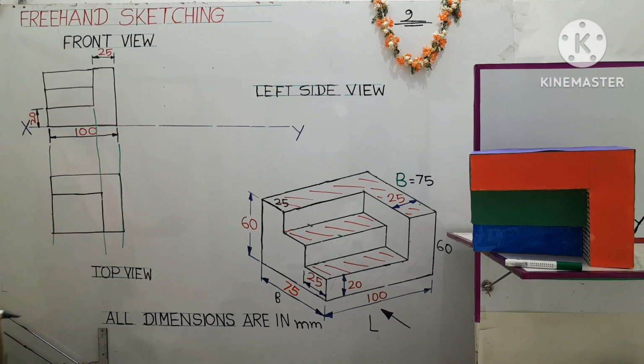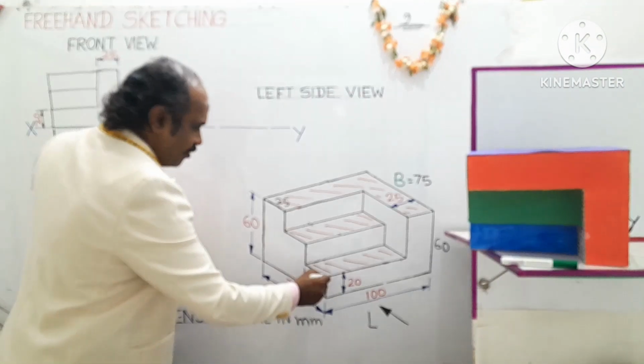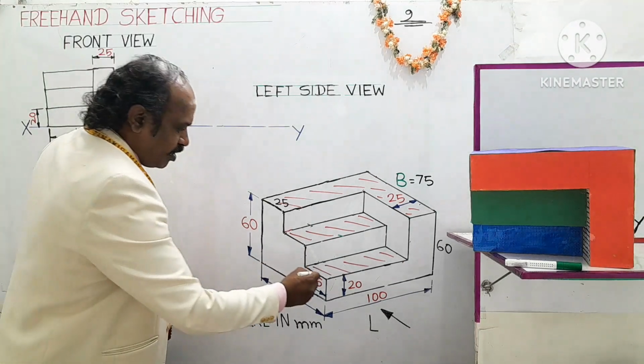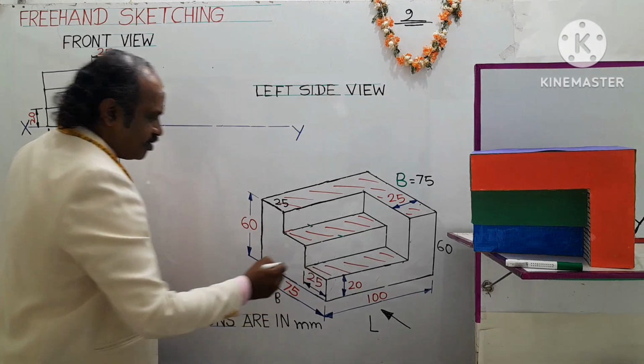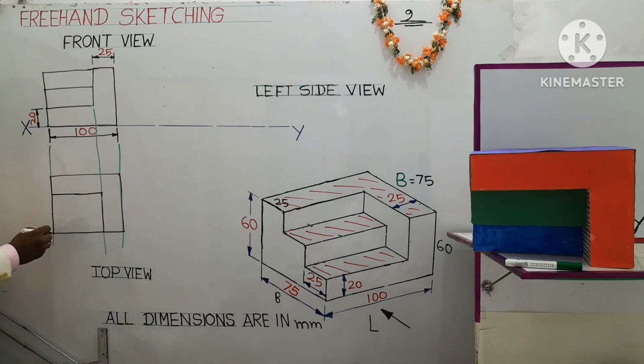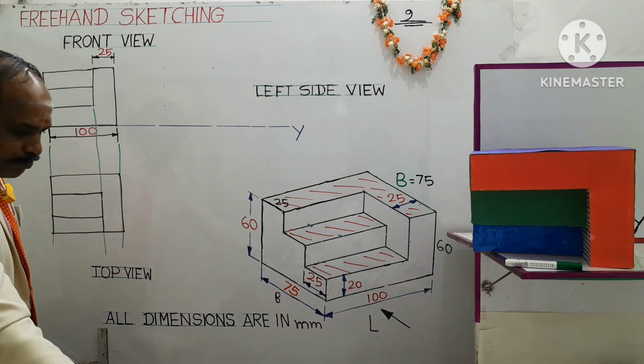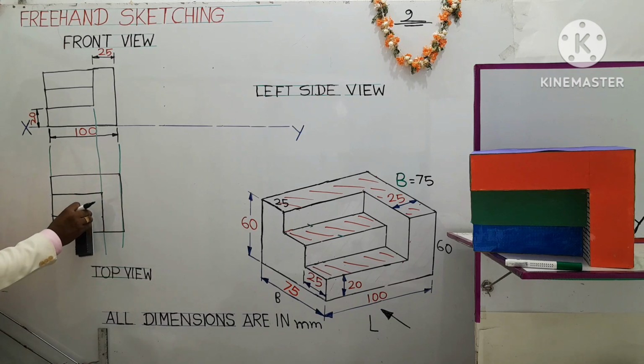Okay. And you can see step 1, that is the step 1 base. Step 1 breadth is 25 mm. 25 mm is 2.5 centimeter approximately. From here you locate one point. Draw a horizontal line. This will be the breadth of step 1.